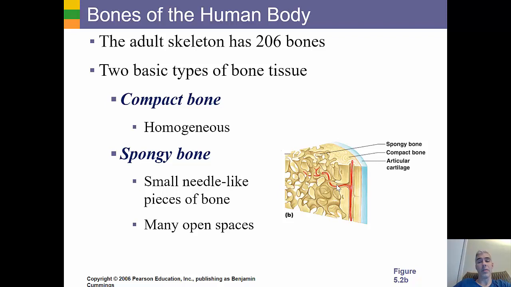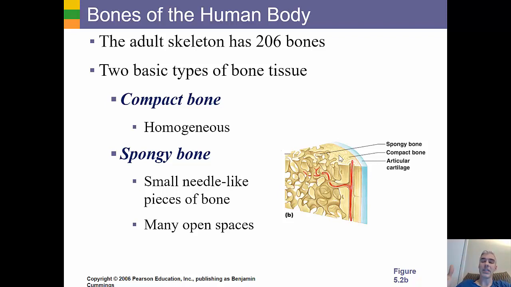When we look at a bone, there are two types of bone tissue within each bone, and different bones have different concentrations of both. You have your compact bone, which tends to be on the outside of the bone, and that is what we tend to think of when we look at bone tissue. You can even see it in the picture over here in the corner, those tree trunks that we said were characteristic of bone tissue.